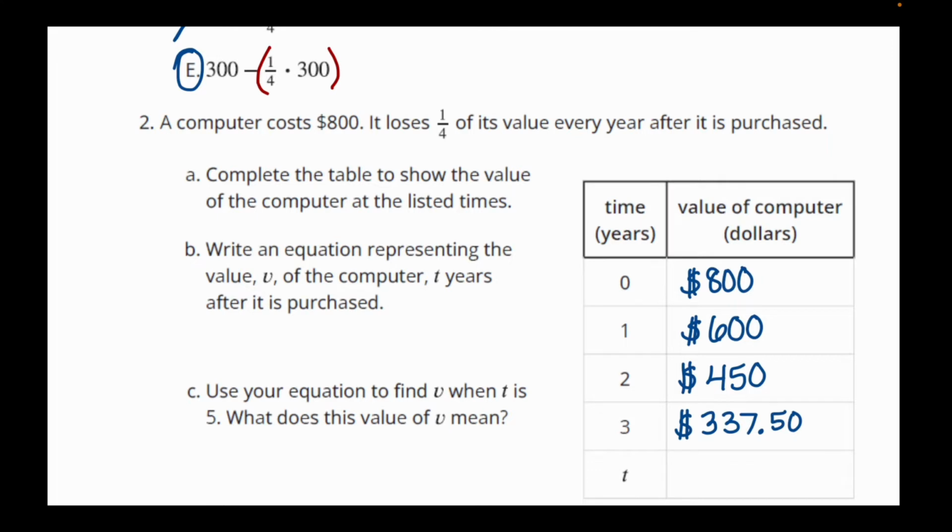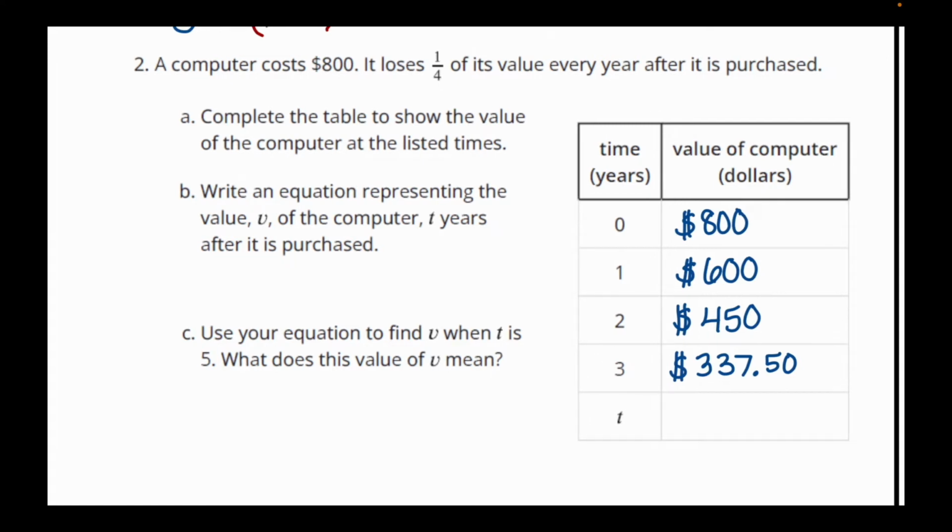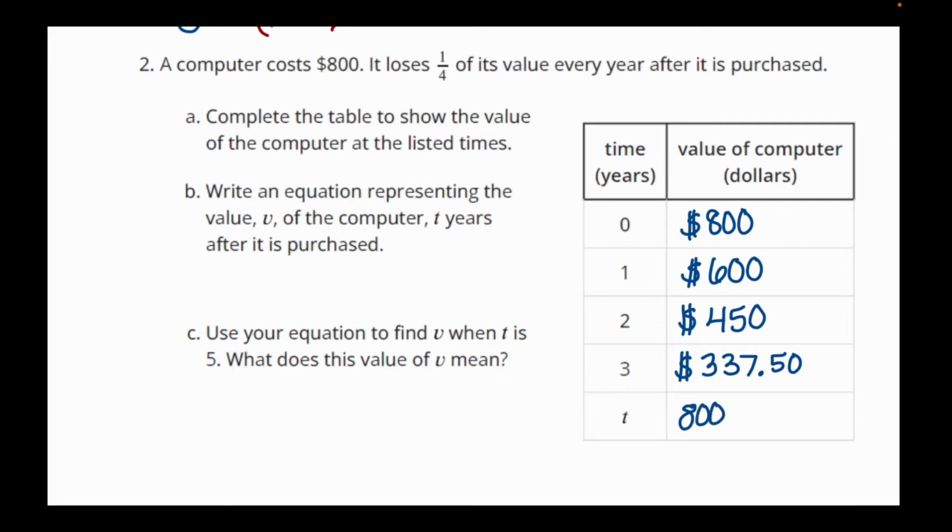So part B says write an equation representing the value t years after it's purchased. Well, this very last section here is going to show what the expression is I would use in order to actually help me write that equation. So what I've been doing is taking that $800 and then each year multiplying it by the same number, but that is 3/4. And since that is repeated, this gets the exponent on it.